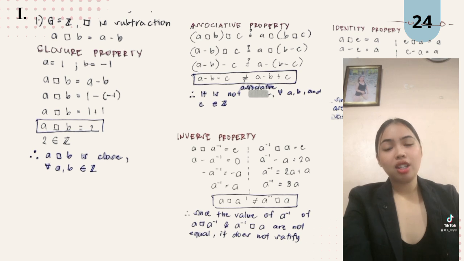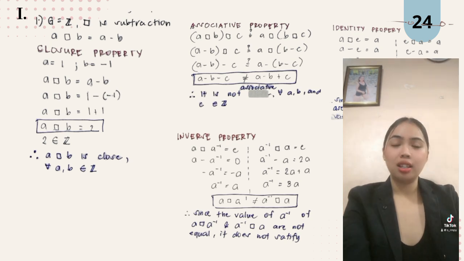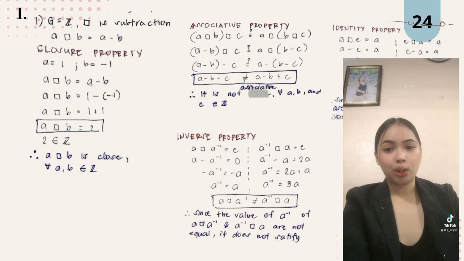A minus B, then minus C, is equal to A minus (B minus C). So A minus B minus C is equal to A minus B plus C. So it is not associative because they are not equal.